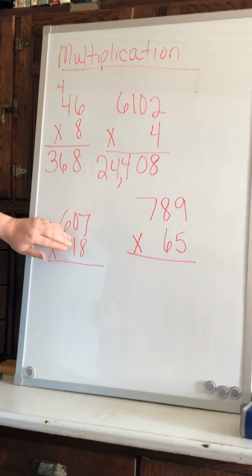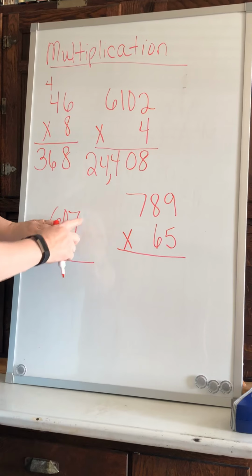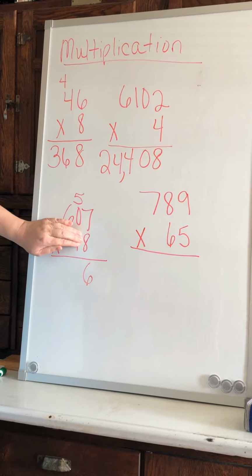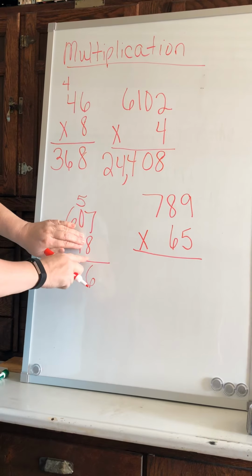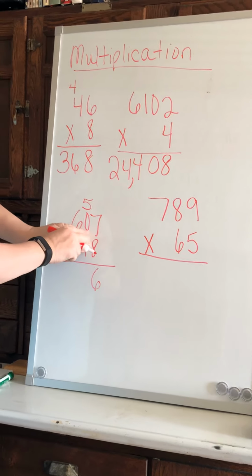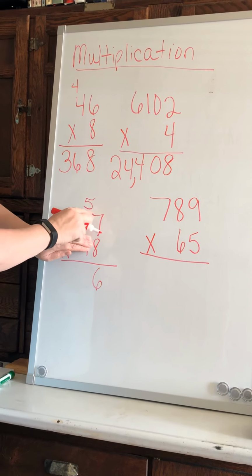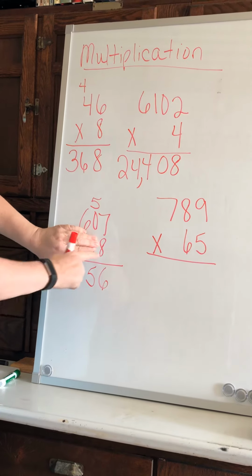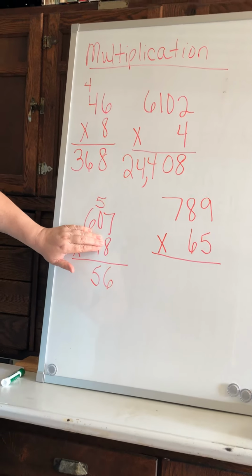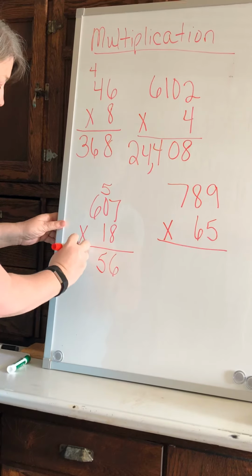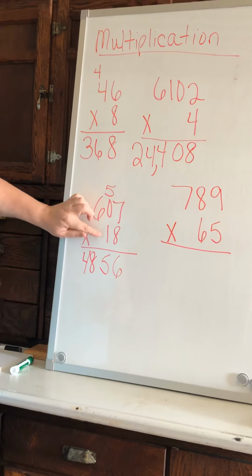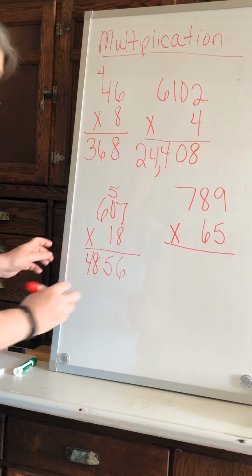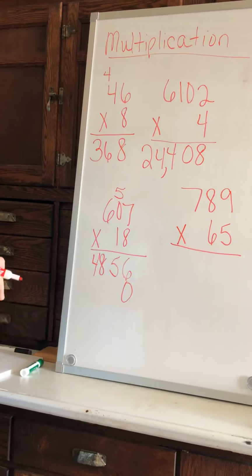So first off, we're going to do this first number. 8 times 7 is 56. Now here's that 0. Here's the problem. We're going to go 8 times 0 is 0 plus 5 is 5. Okay, now 8 times 6 is 48. Now since I'm going over to the second number, I'm going to go ahead and put a 0 right here, and then we can start.